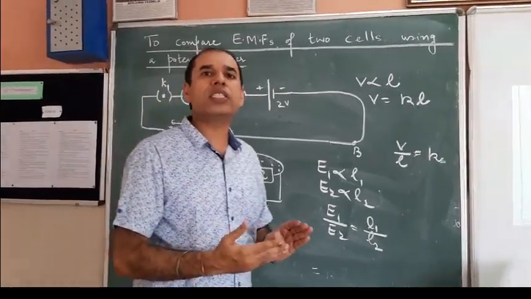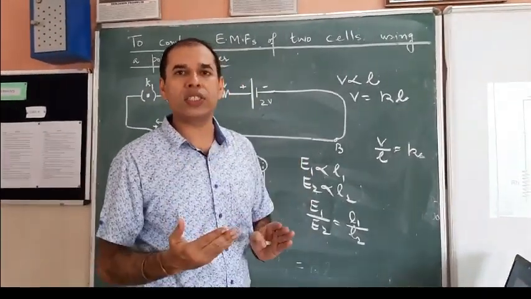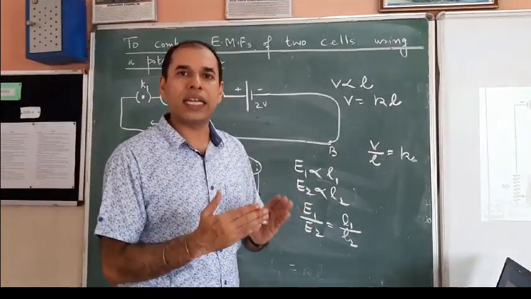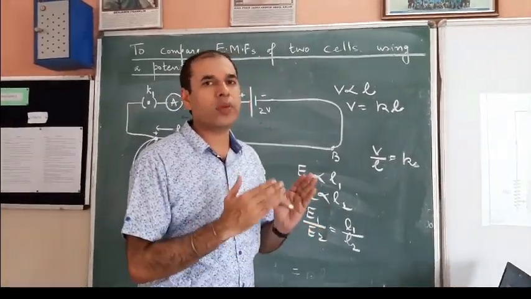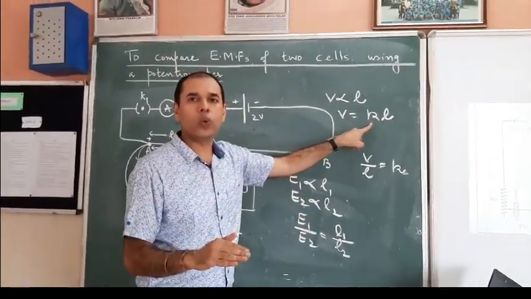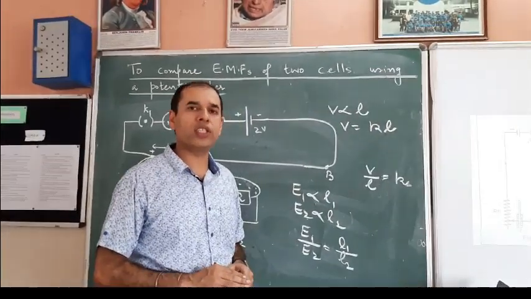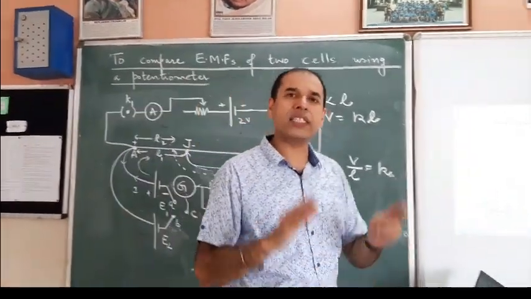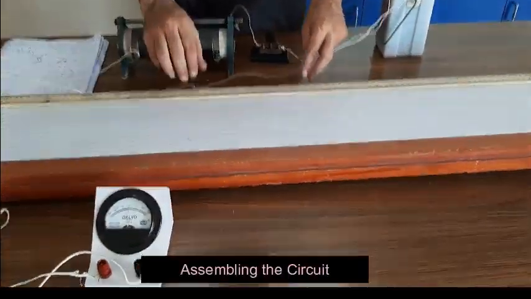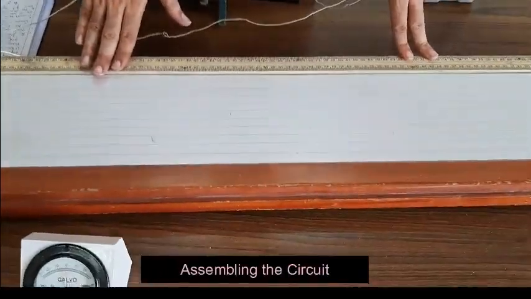And if it changes gradually, it will be very easy for us to measure. But if it changes very suddenly, then taking readings will be difficult for us. So try to keep K low by increasing the length of the potentiometer. So we have selected this 10 wire potentiometer, and there it is. This is a 10 wire potentiometer.